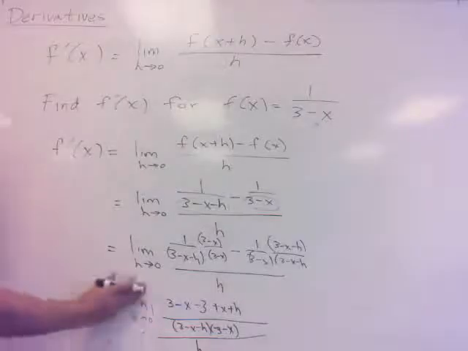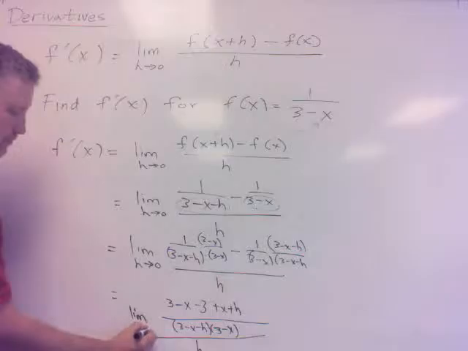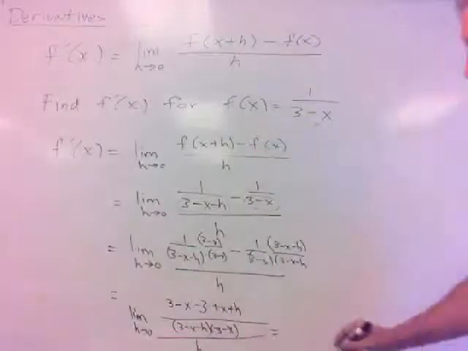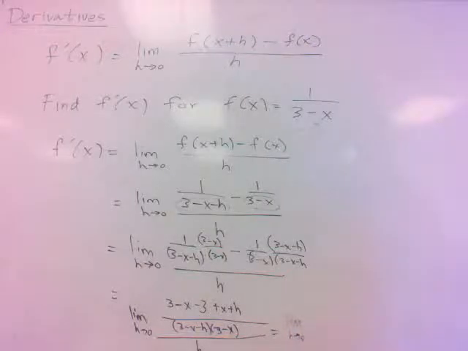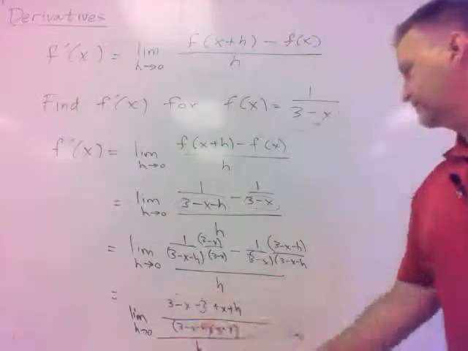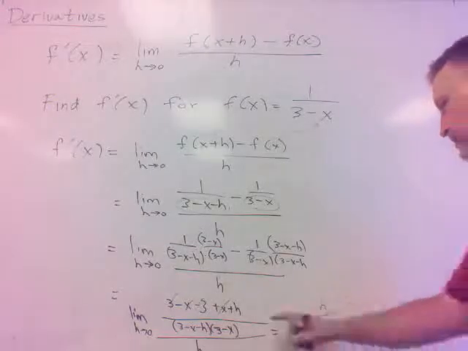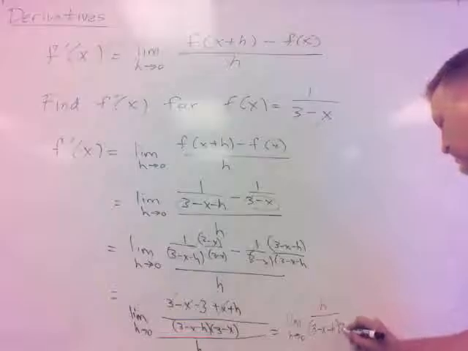With me on that? Sound okay? All right, now let's see if we can get this figured out here. So that would be the limit as h approaches 0. 3's are out, x's are out. All I have is plus h there. And then 3 minus x minus h times 3 minus x.